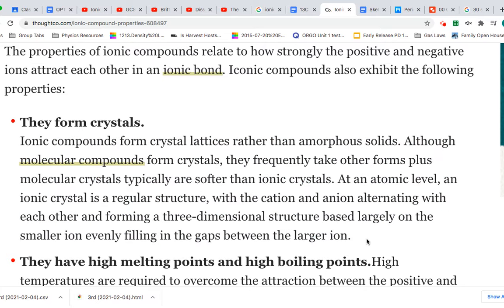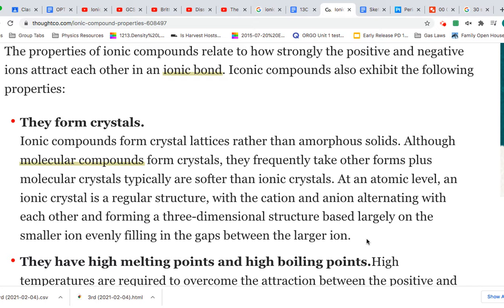Okay. Ionic compounds form crystal lattices rather than amorphous solids. Although molecular compounds form crystals, they frequently take other forms. Plus, molecular crystals typically are softer than ionic crystals.